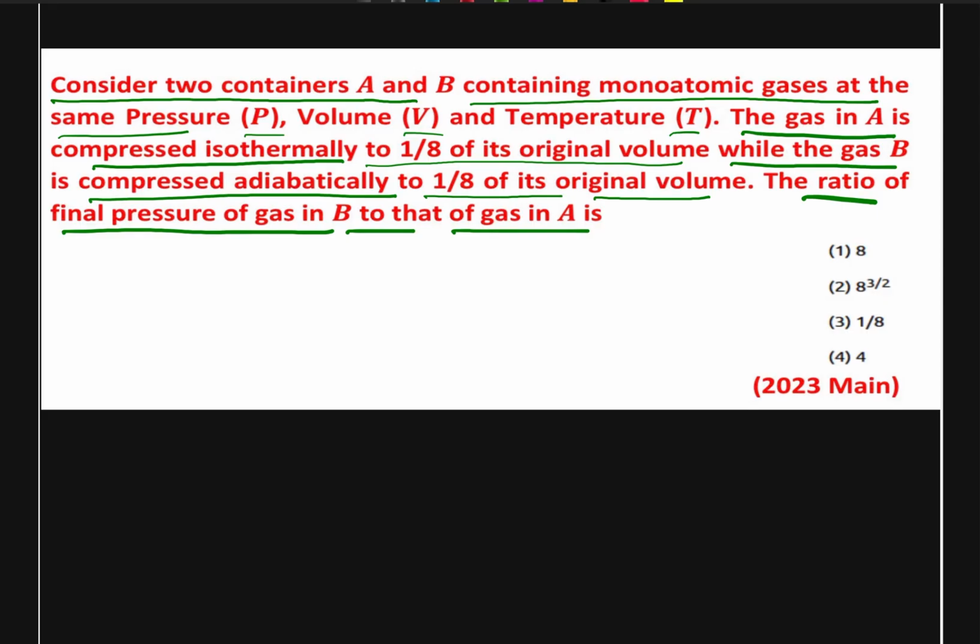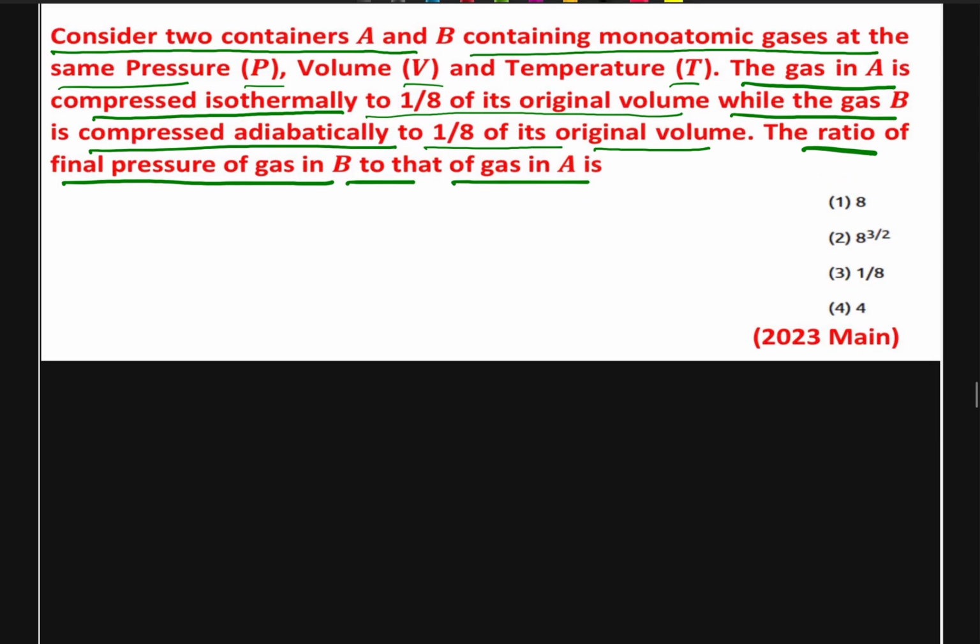So two gases, and they are having different processes. One is isothermal and the second one is adiabatic. So we can say that for our container A, which is isothermal, we can write that PV is equal to constant.